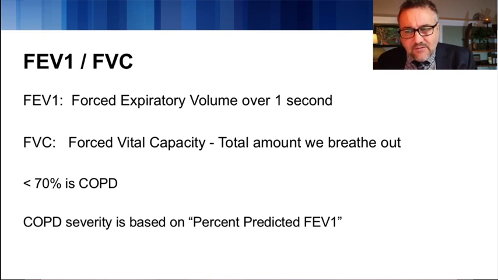The diagnosis of COPD or emphysema is made by comparing FEV1, the forced expiratory volume over 1 second, to the forced vital capacity, which is the total amount of air a person has in their lung.